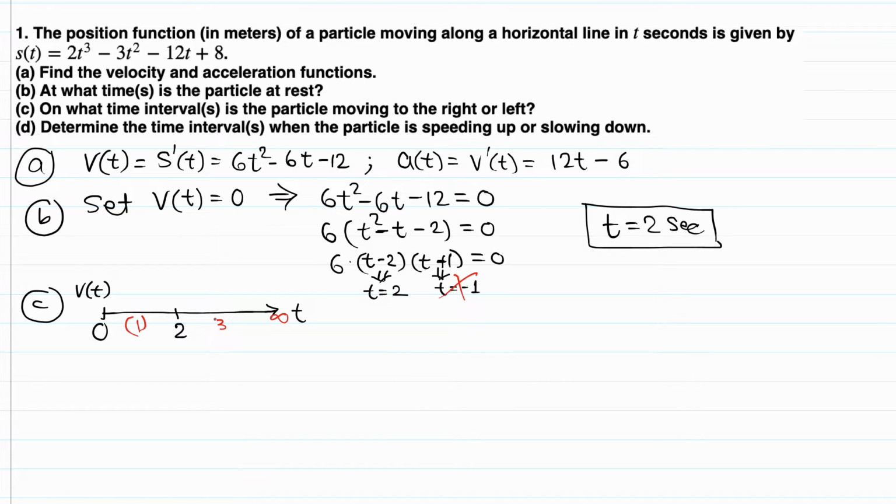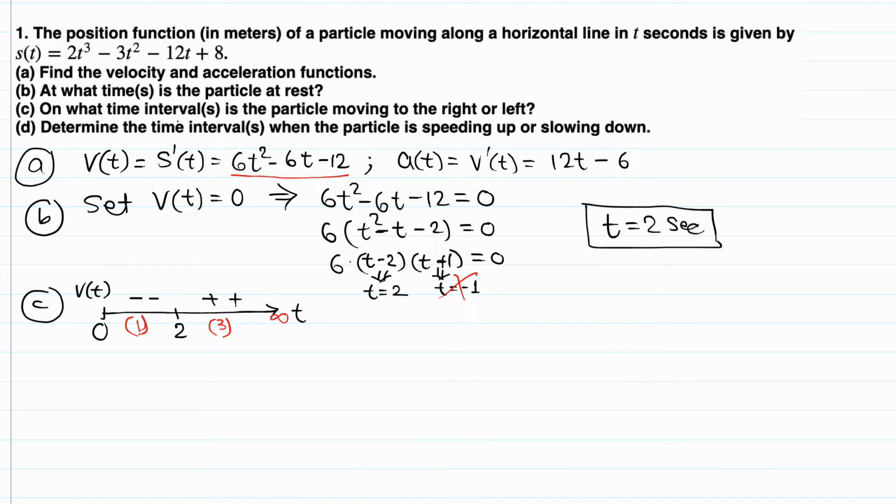Plug in 1 here: this is 6 minus 6, 0, minus 12. So velocity is negative. If we plug in 3, 3 squared is 9 times 6, it's going to be positive.